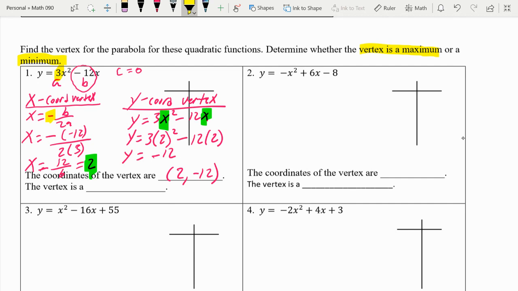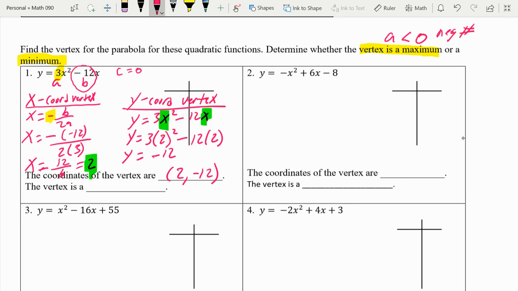for the vertex to be a maximum, A has to be greater than 0. I'm sorry, I got that backwards. Oh my goodness, I'm screwing everybody up here. So for the vertex to be a maximum, A has to be less than 0. So A is going to be a negative number.